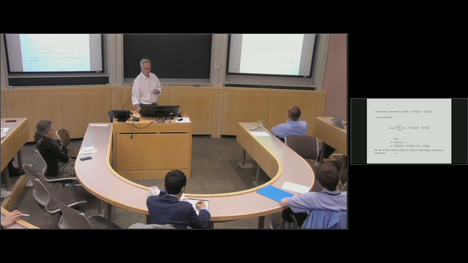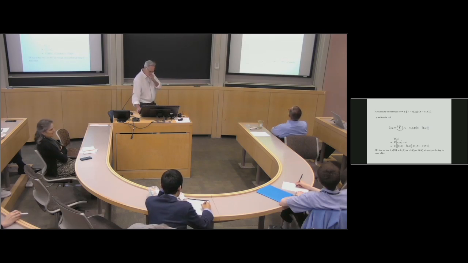Because notice, if your estimate happened to be the true outcome regression, you get a bias of 0, or if your estimate of the propensity score happened to be the true one, you get 0. And that's what we mean by doubly robust. You have no bias if you get either the outcome regression or the propensity score right. It doesn't matter which one, and you don't have to know which one. That's a doubly robust estimator.